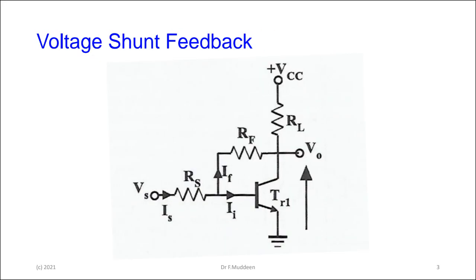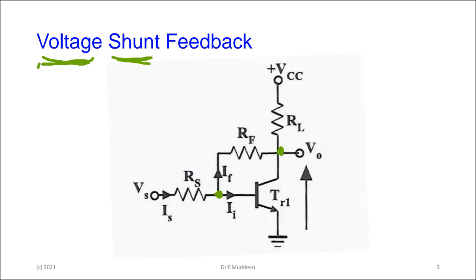All right, look at this one. This is voltage shunt feedback, meaning we're sensing voltage but feeding back current. How is that done? We hook the feedback resistor from the collector of TR1, in this simple arrangement, back to the base of TR1. How is that going to work?